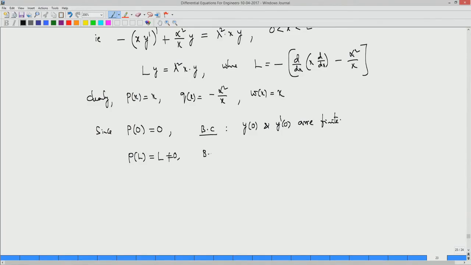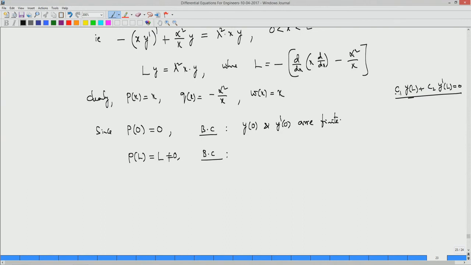Because this is non-zero, you can provide the regular Sturm-Liouville boundary condition, that is C1 y at L plus C2 y dash at L equal to 0. You can choose any C1 and C2, not both 0. That is, you can give y dash of L equal to 0, or y at L equal to 0, or a combination of them.